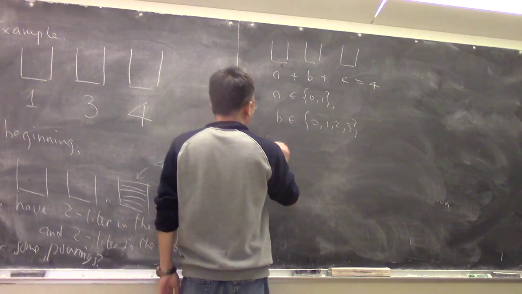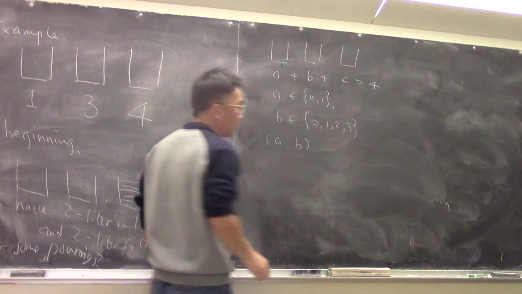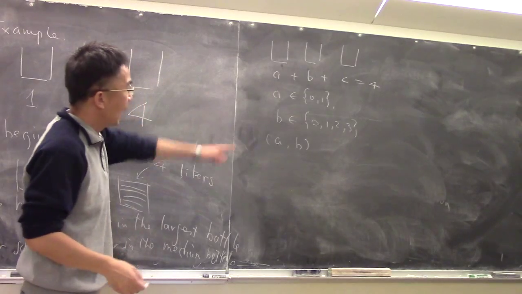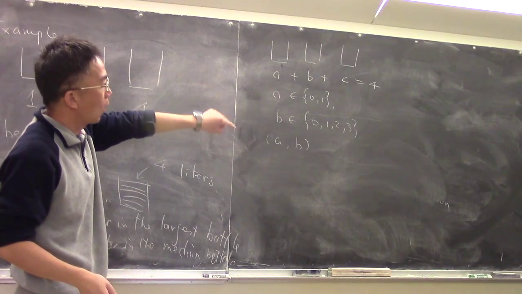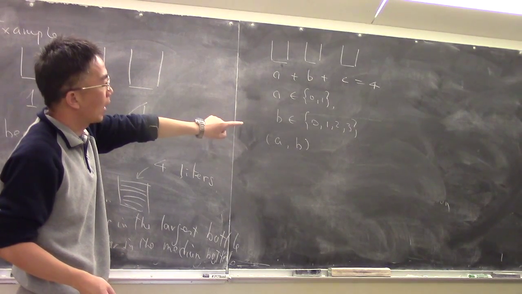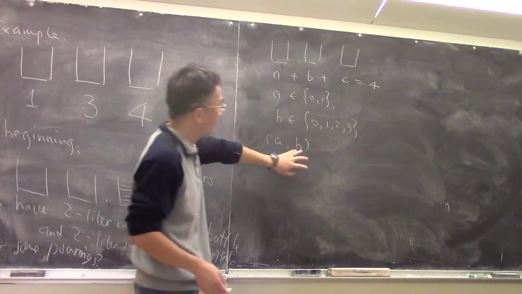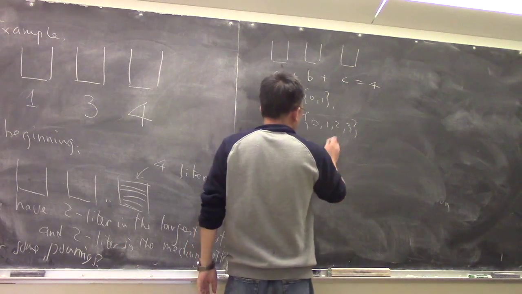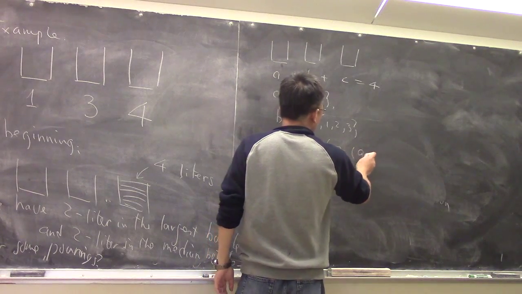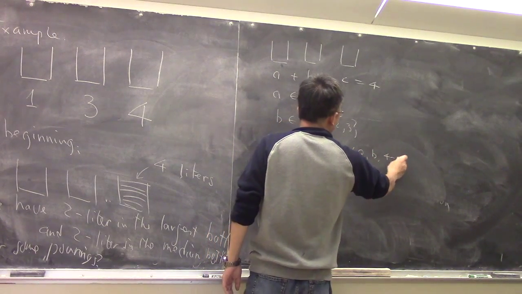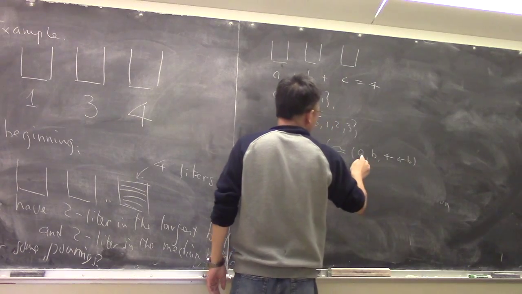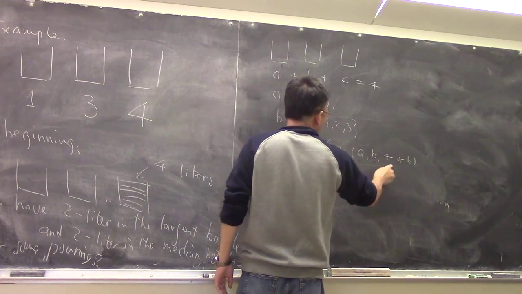Therefore, I just look at A and B. A is either 0 or 1. B is either 0, 1, 2, or 3. And C is automatically 4 minus A minus B. So the state is (A, B, 4 minus A minus B): the smallest one, middle one, and the largest one.